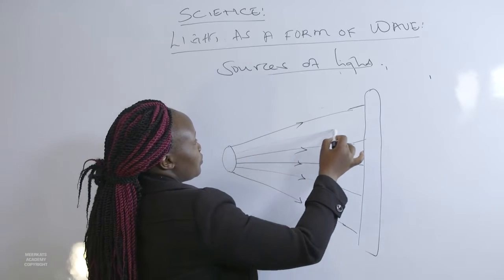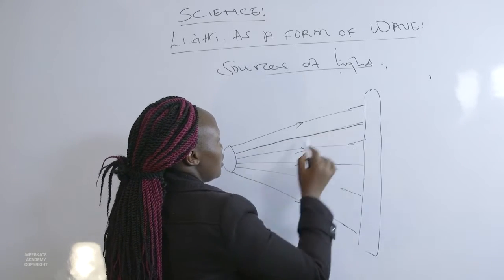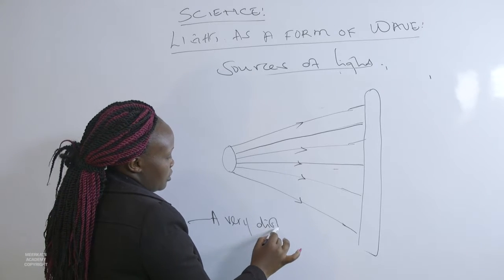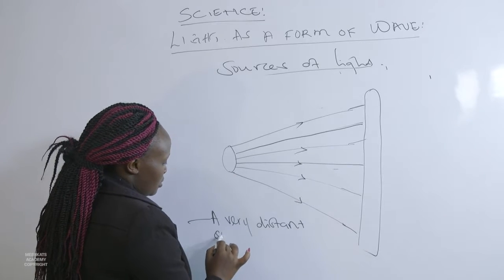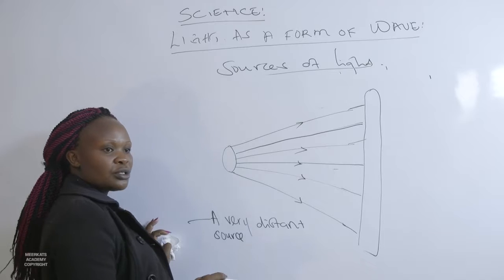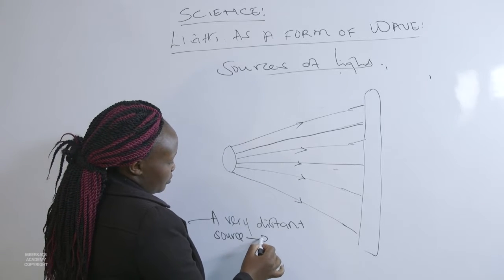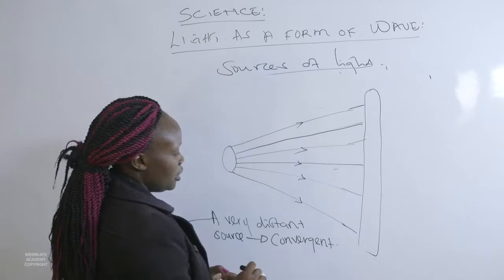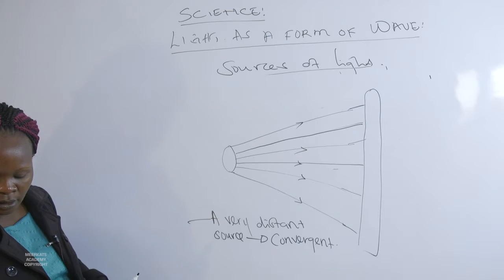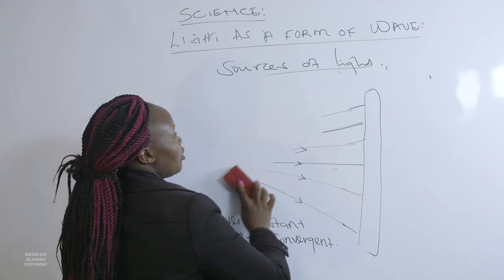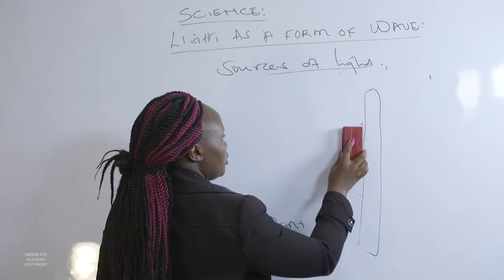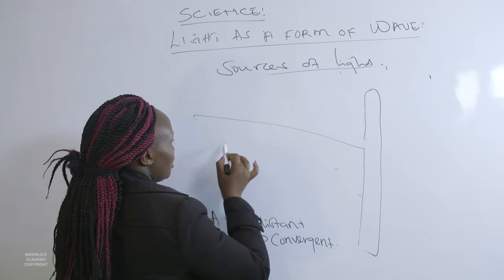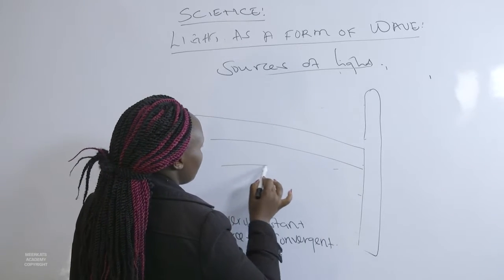For example, if you have a very distant source producing a convergent beam, let us change our diagram to that, so that now you have rays of light coming together.